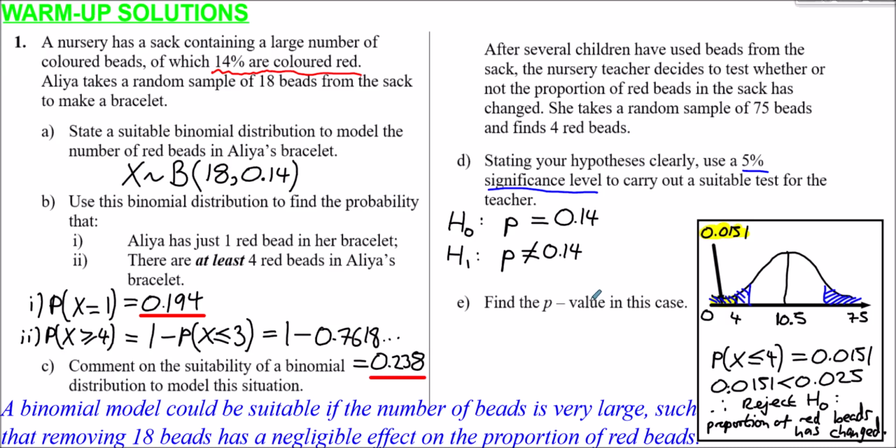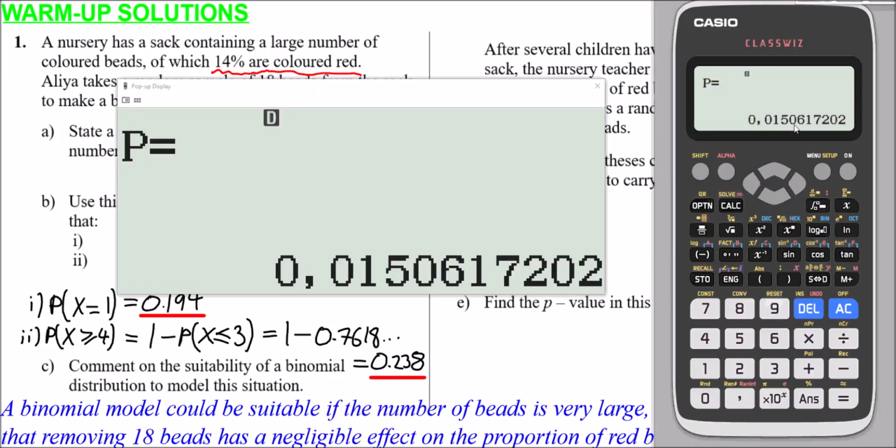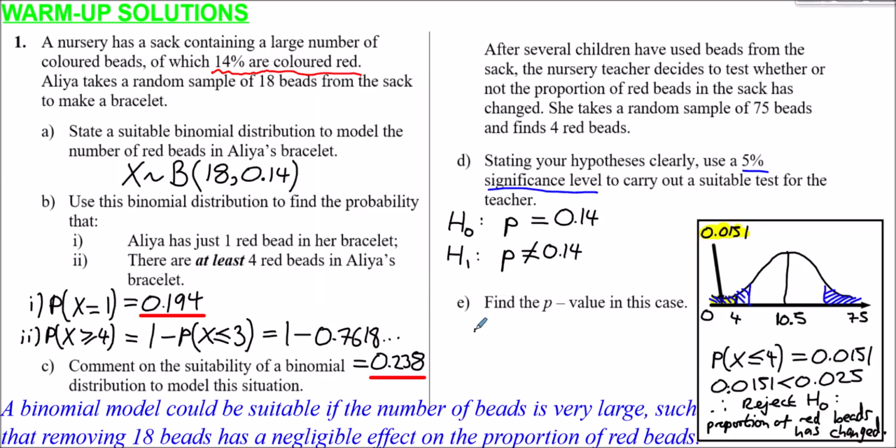So what was the chance of getting 4 or less? It was 0.0151. Anything we need to do now, if it's a two-tailed test, we use symmetry and multiply that by 2. So the proportion here in both tails for symmetry would be 0.0151 multiplied by 2. So 0.01506 or whatever it is to be more accurate.